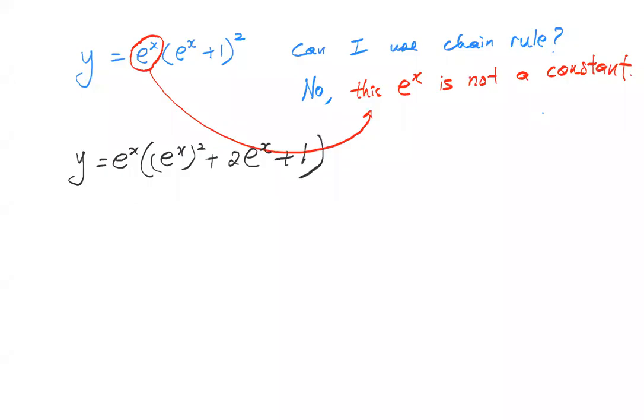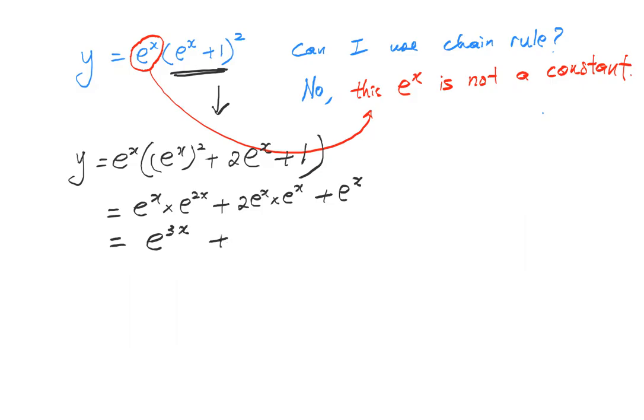I can expand this, correct? So I will have e to the power x times e to the power 2x plus 2e to the power x times e to the power x plus e to the power x. So I still can, without using the other rule that we will learn on Friday.